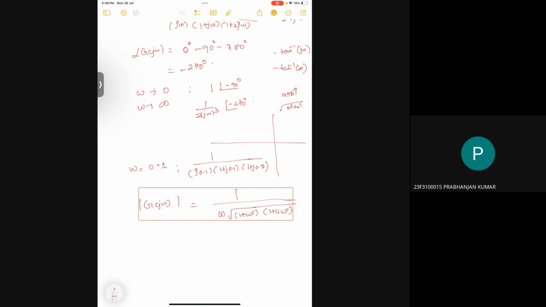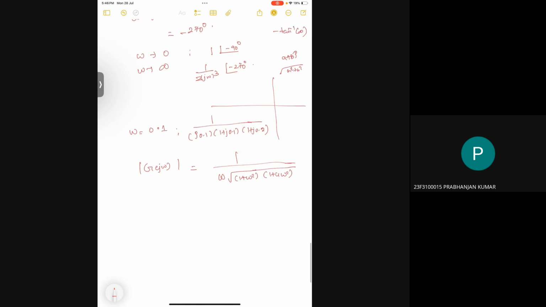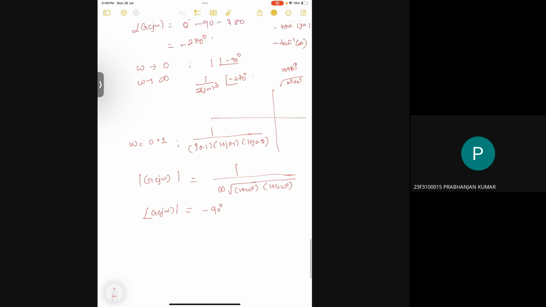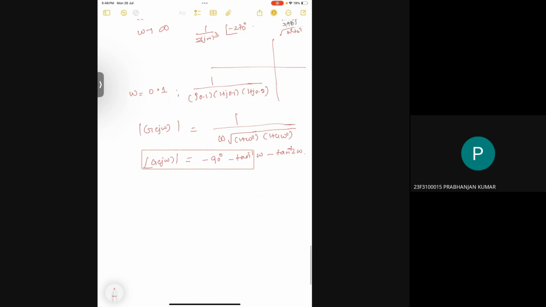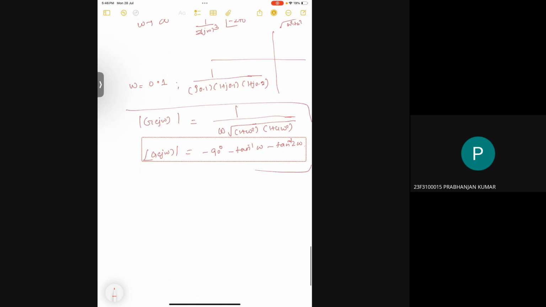That's what I have written here. And for the angle, this will become minus 90 degrees because of 1 by j omega, then tan inverse of omega minus tan inverse of 2 omega. So this is the common formula.